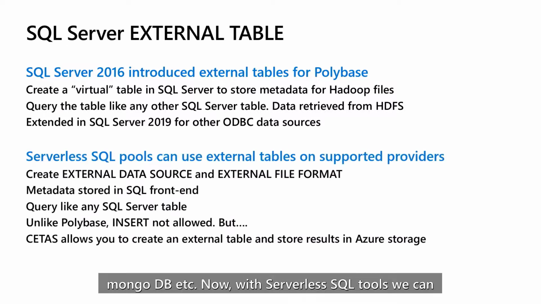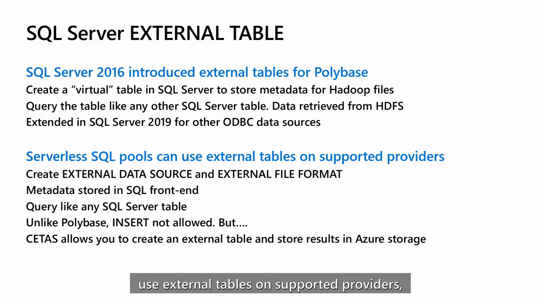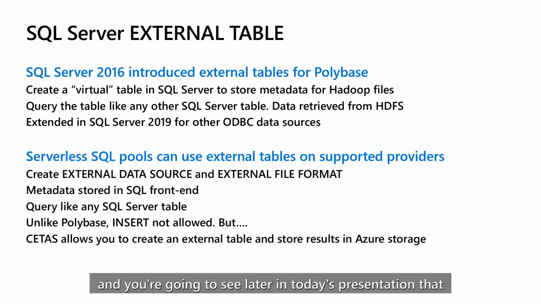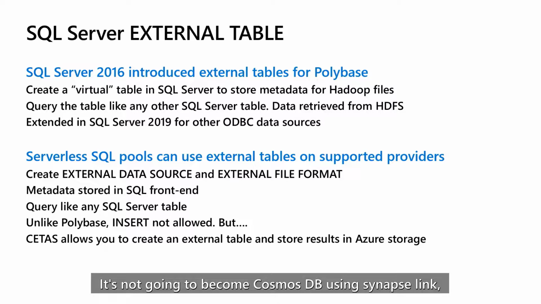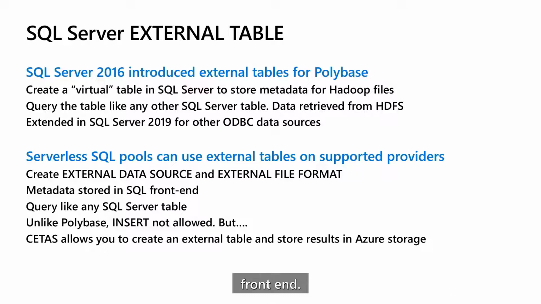Now, with serverless SQL pools, we can use external tables on supported providers. So for example, we can create an external data source and a file format on top of the same type of Parquet file format we talked about. And you're going to see later in today's presentation that one of those providers is going to become Cosmos DB using Synapse Link. So the metadata is stored in something called the SQL front end.